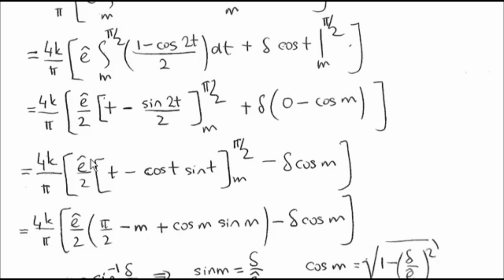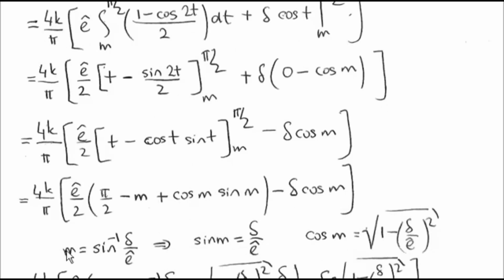So when I evaluate everything at the integration limits, I would get this type of term. So here we get in the result we have sine m's, cosine m's, etc. So we have defined this m as the sine inverse of delta over e hat. Now using this result, I can actually write sine m is this one.